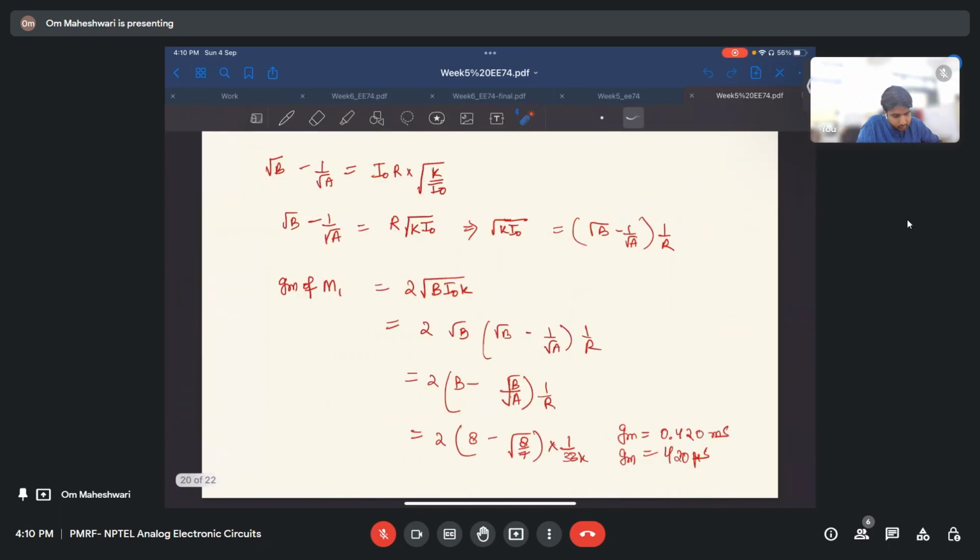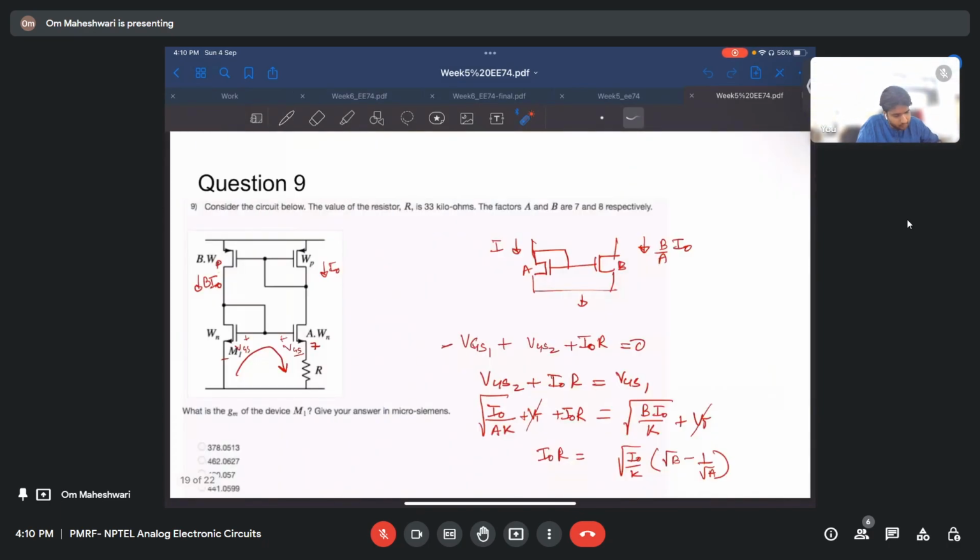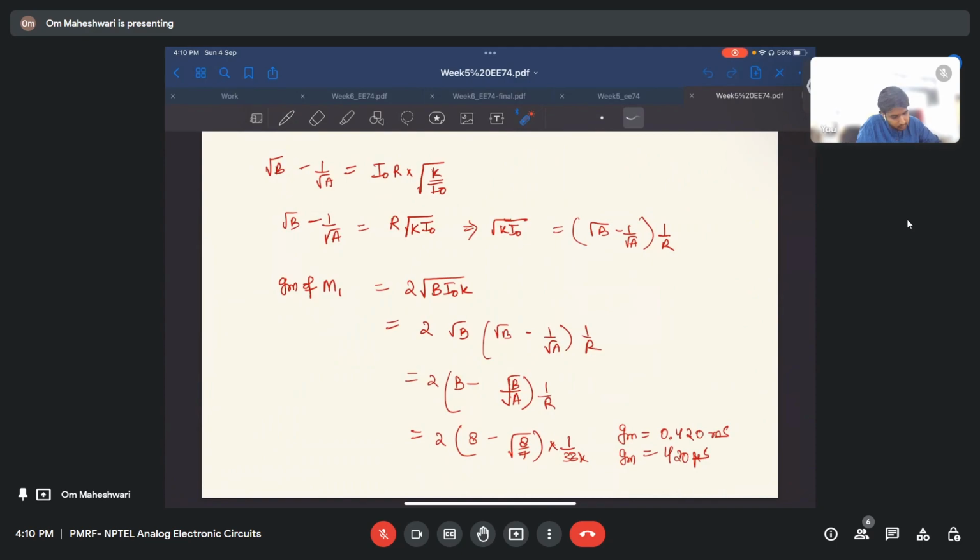Then we just solve this equation, and GM of M1 is under root 2 IK. So they have done this. The current is B I naught in M1, and if you solve it, you get this.